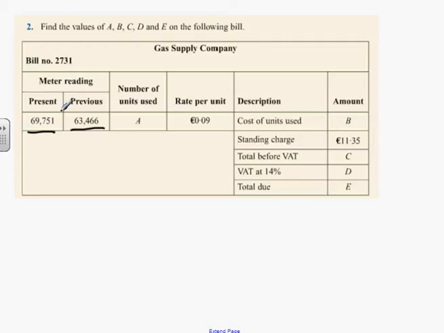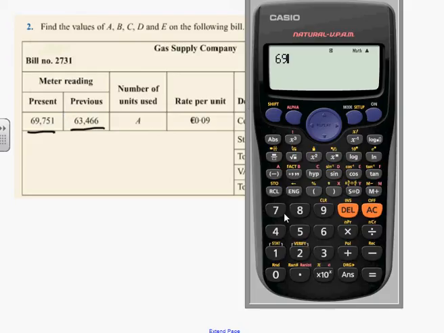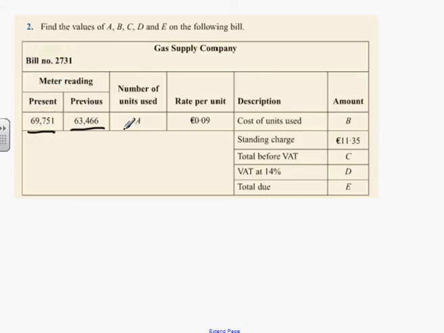How do I do that? Yeah, minus them. So what happens when you minus them? 6,285. A equals 6,285.